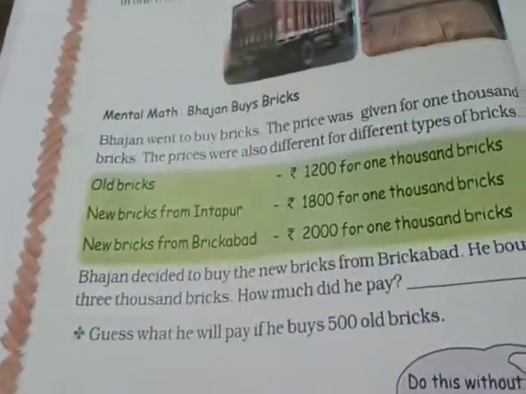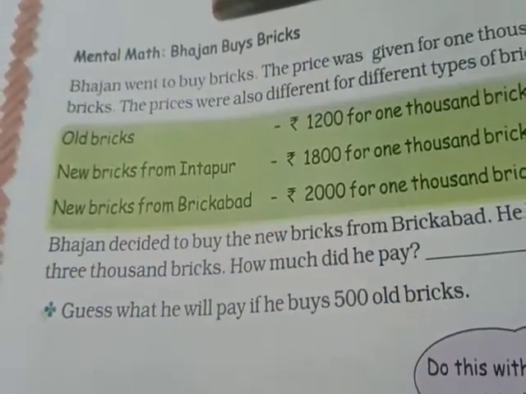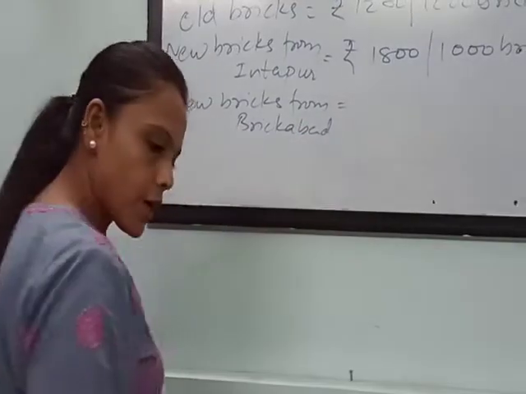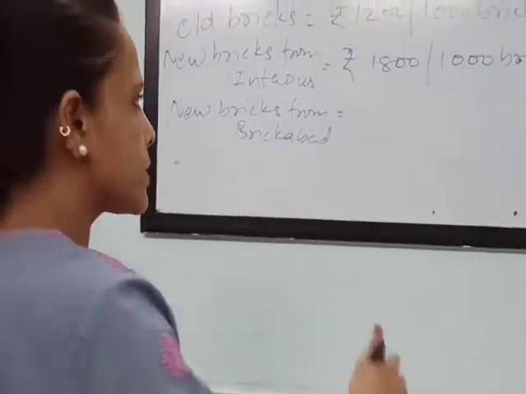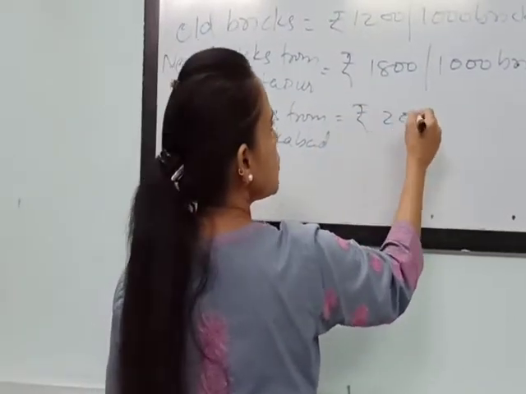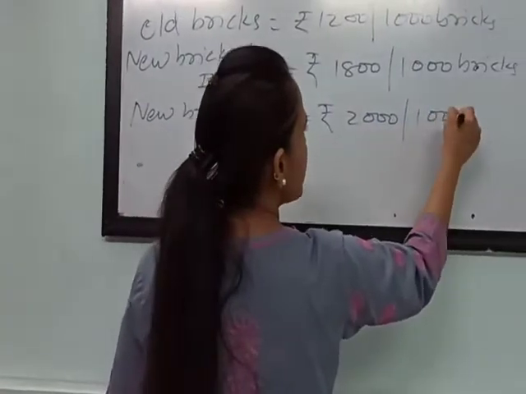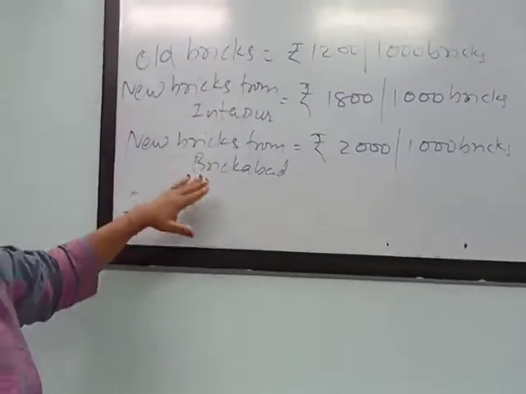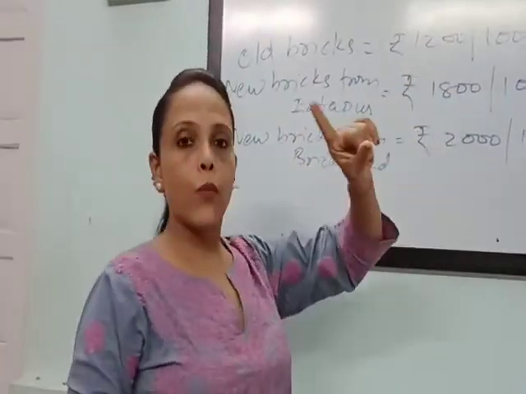And new bricks from Brickabad. How much does it cost? It costs 2,000 rupees per 1,000 bricks. So these are the costs of different types of bricks, and these costs are not for one brick.